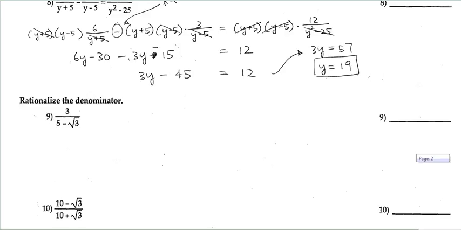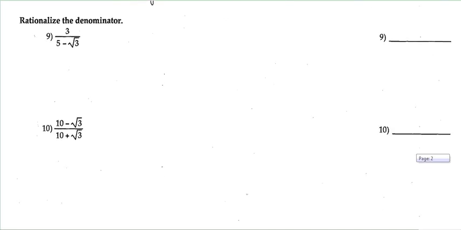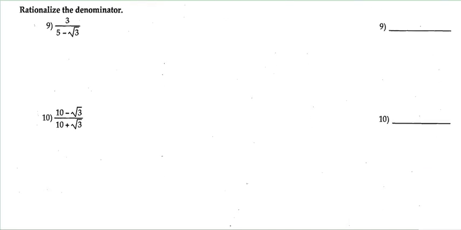Let's take a look at number 9. We want to rationalize the denominator. Indeed, we should not leave the denominator having a radical form. So whenever you see something like that, you should do something to try to get rid of the radical in the denominator. What can I do so that I can rationalize the denominator?